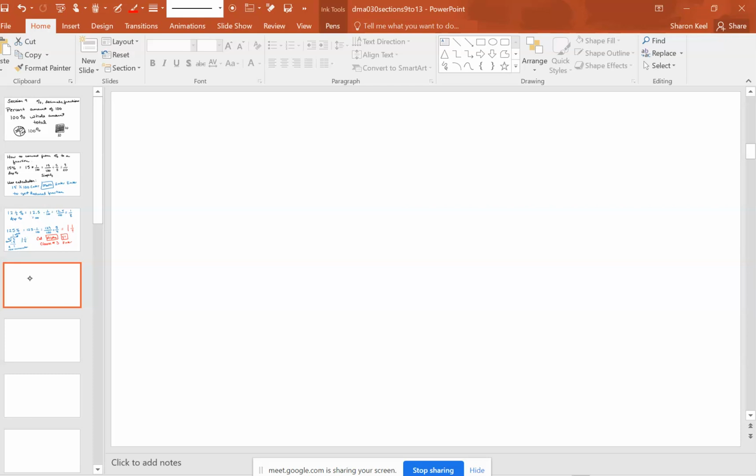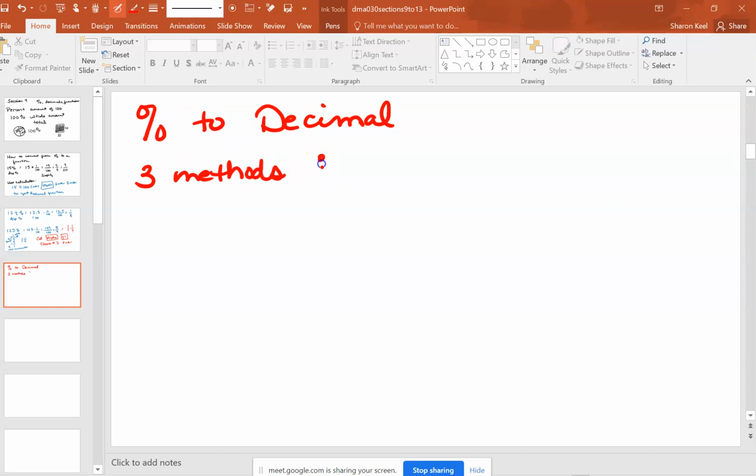Let's say we now want to go from a percent to a decimal. There's a couple of ways you can go about doing it. There are 3 methods. I personally choose the third method, but I'll show you all 3. The first method is to multiply by 0.01.